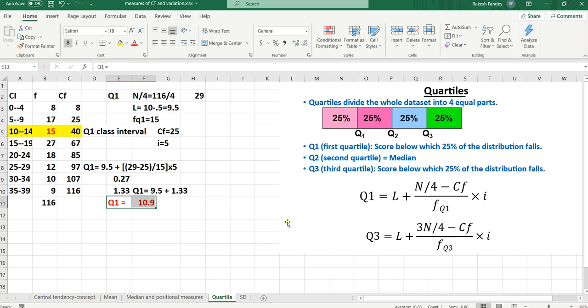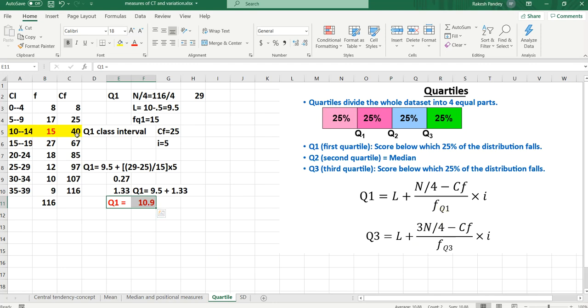Let us repeat how we have done it. The first thing required is that we need to compute n by 4. This is for Q1. After n by 4 we will locate the first quartile class, and based on this we will take the exact lower limit, then the frequency of the Q1 class, that is FQ1, 15, which is required in this formula.